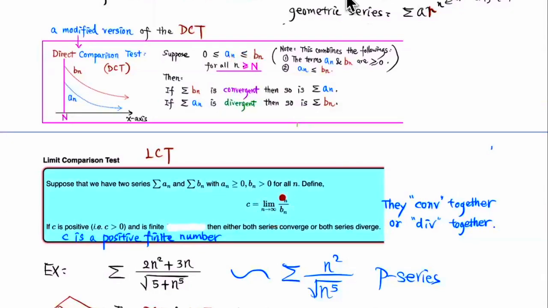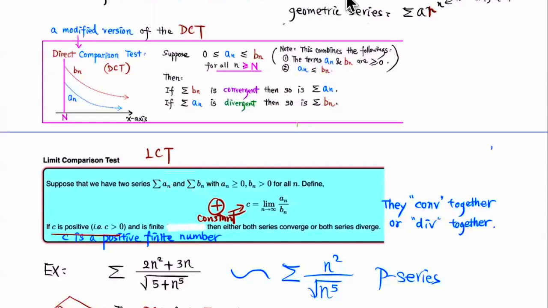But for the limit comparison test you don't. You look at the ratio An over Bn. If it's equal to a positive constant, the c over here is a positive constant, then both of the series will both converge or both diverge. So they converge together or they diverge together.